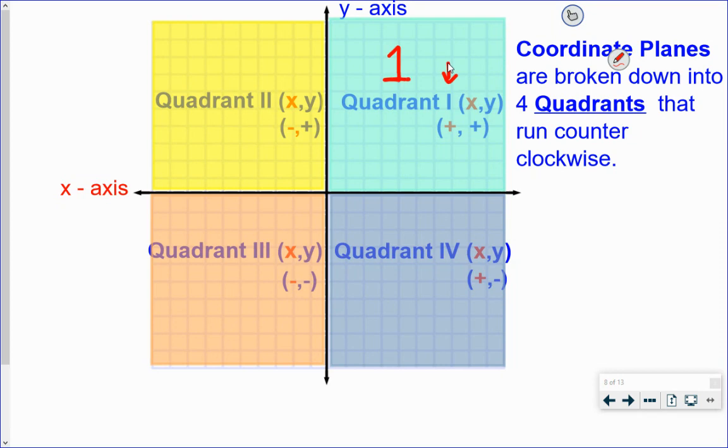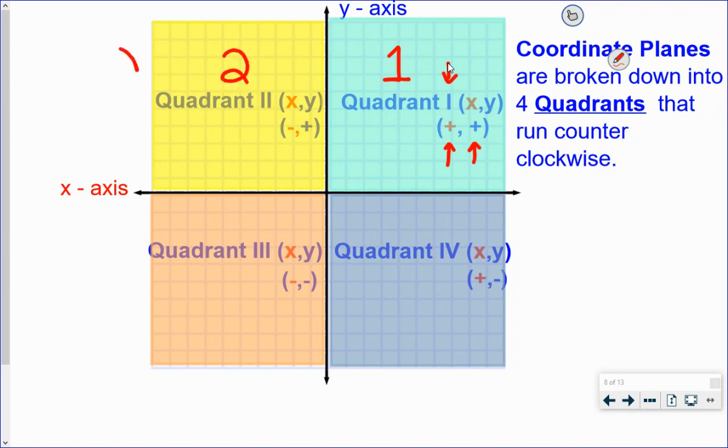And in quadrant 1, x, which is always first, remember, will always be positive. And y, which is second, will always be positive. So in quadrant 1, x will always be a positive number, y will always be a positive number. Quadrant 2, and they go counterclockwise.